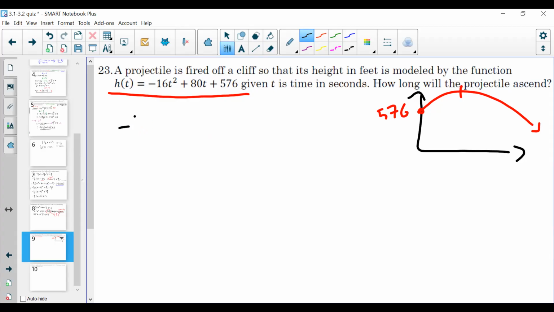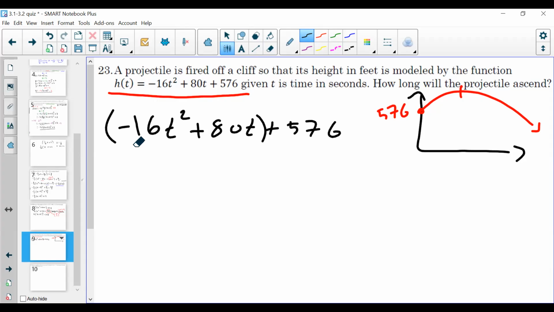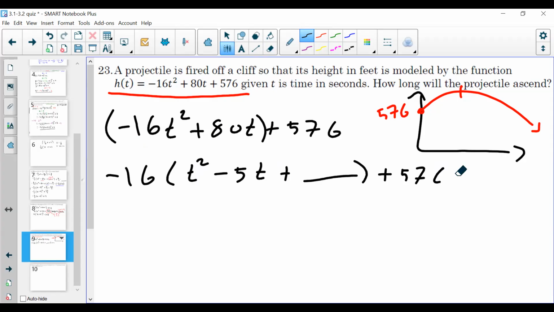The first thing you should always do is isolate the first two terms. Then factor out that negative 16. So I have negative 16 times t squared minus 5t plus some blank, plus 576 minus some other blank.